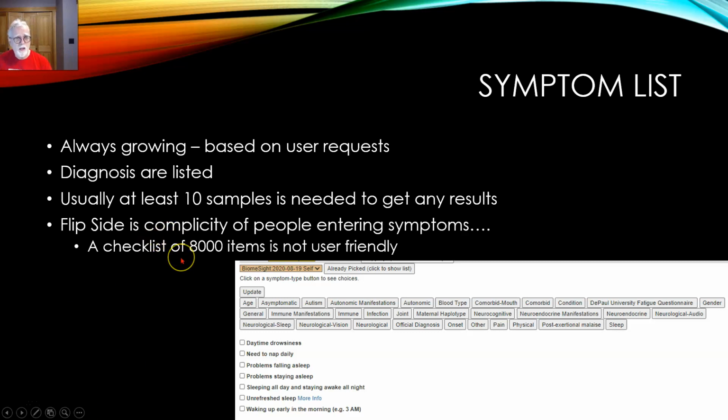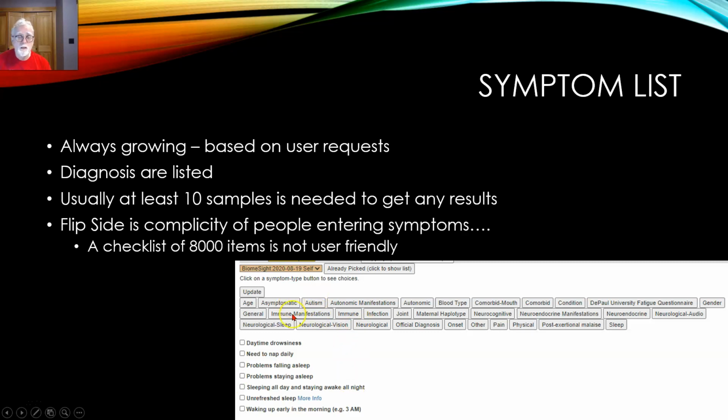Also, we don't want a checklist of 8,000 or more things. The reason is the person who comes in to mark the symptoms is going to be exhausted. They're not going to finish the job. If they don't finish the job, we have incomplete data and we have less information coming back to you as to what is going on.